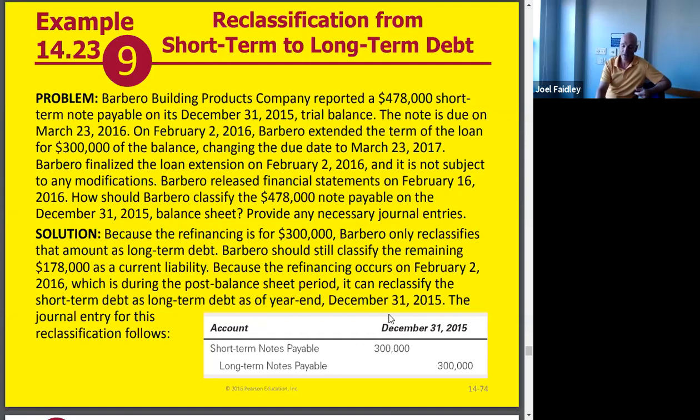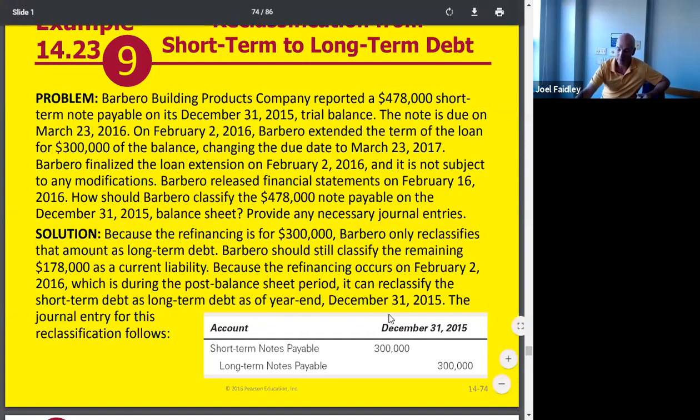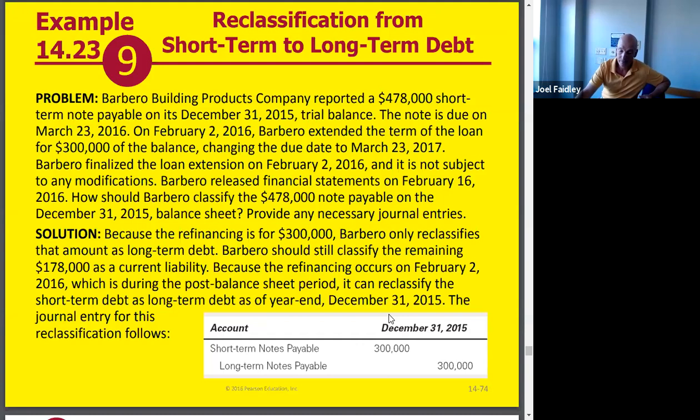That $300,000 is being taken out of short-term notes payable at December 31, 2015, even though they're making this entry sometime in February, it looks like February 2nd. They're going to reclassify that $300,000 they thought was due at the end of December short term, but now it's going to be more than a year later, they're going to put it to long-term notes payable. And so that's an example of short-term to long-term notes payable.